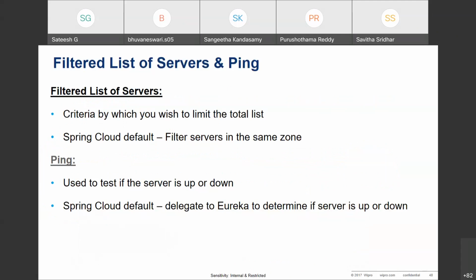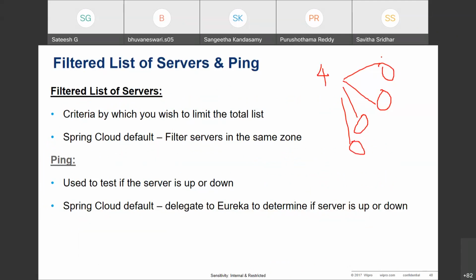Similarly, you can also mention a filtered list of servers. See, assume in one of our production environments, assume there are 4 zones. I'm just taking an example. Assume there are 4 regions, or 4 zones, and in each of the region also there are multiple instances of the service available.